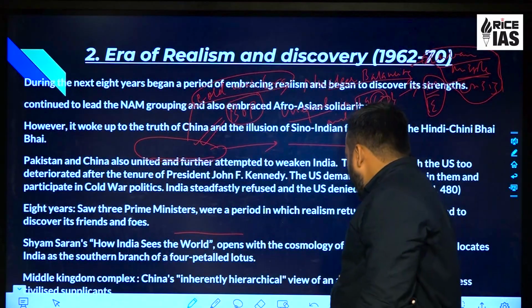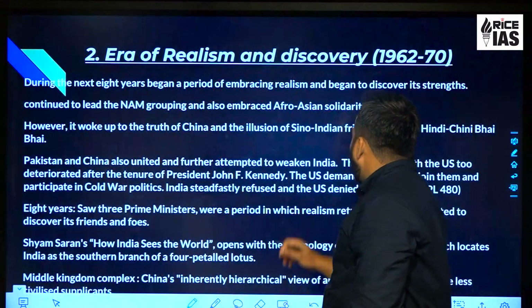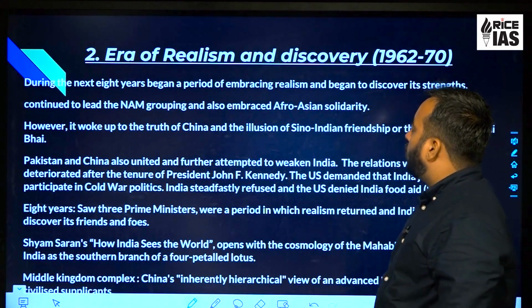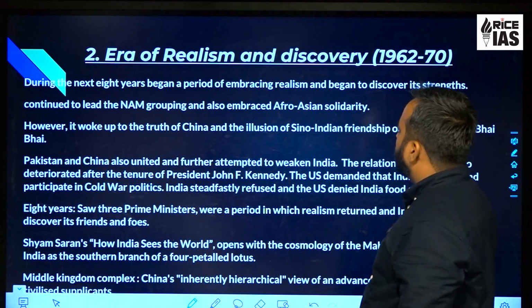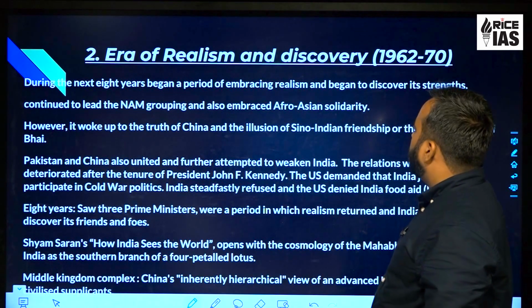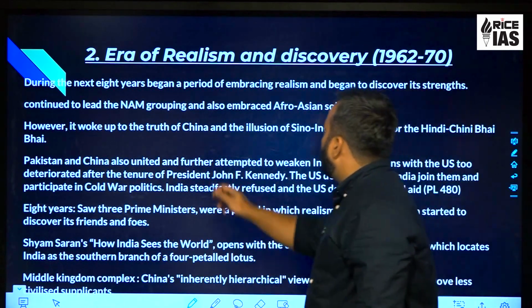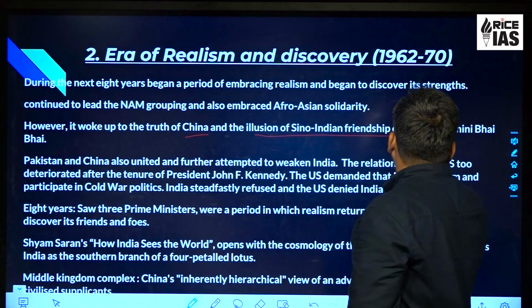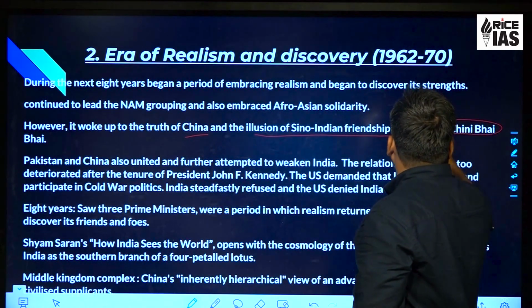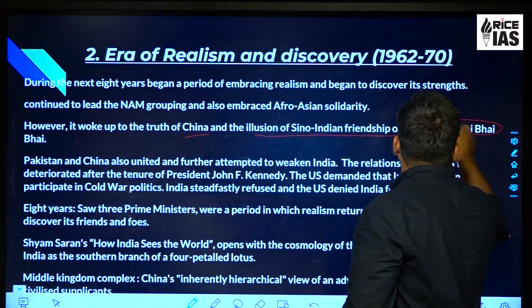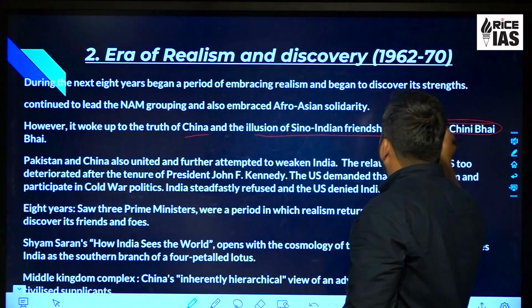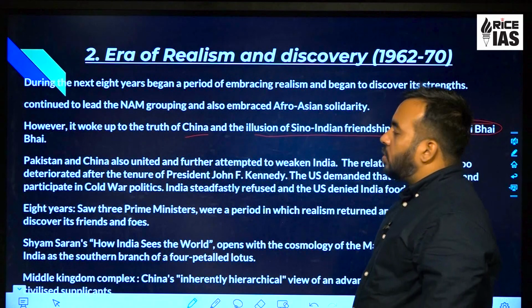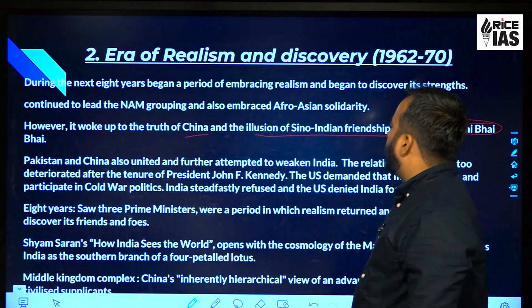So, when India was given a wake-up call with a jolt by China, India woke up to the truth of China, the illusion of Hindi Chini bhai bhai, an illusion based on Panchashil. So, this era of idealism was over.